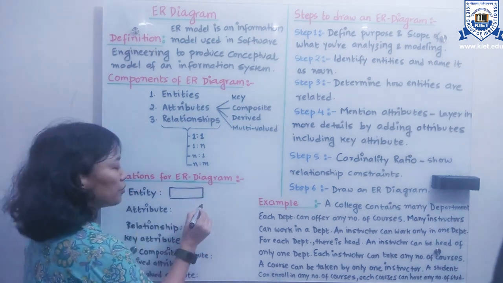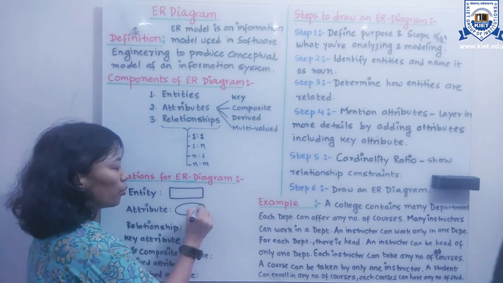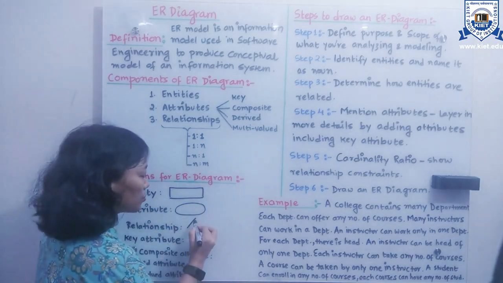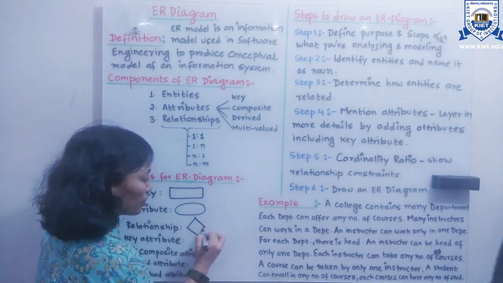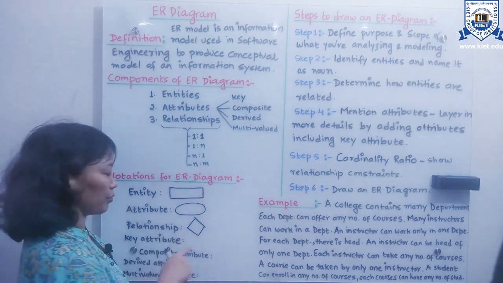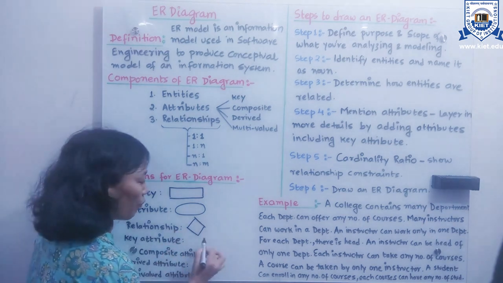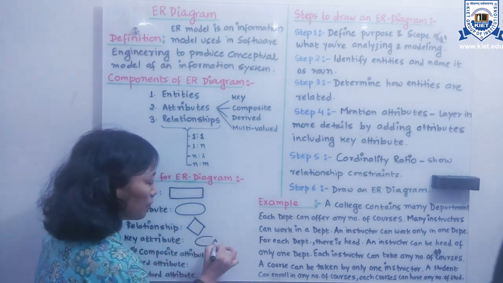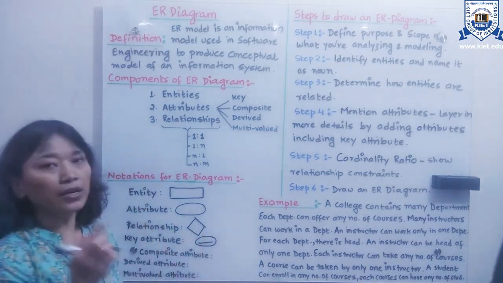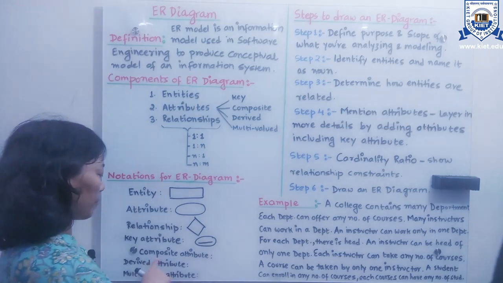For any attribute, we use a simple oval shape symbol. For a relationship, we use the rhombus, or you can say the diamond-shaped symbol. For a key attribute, because it is an attribute, obviously it will be an oval shape, but there would be a line inside the oval shape.